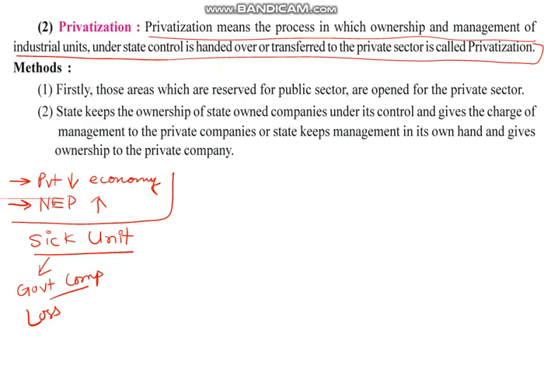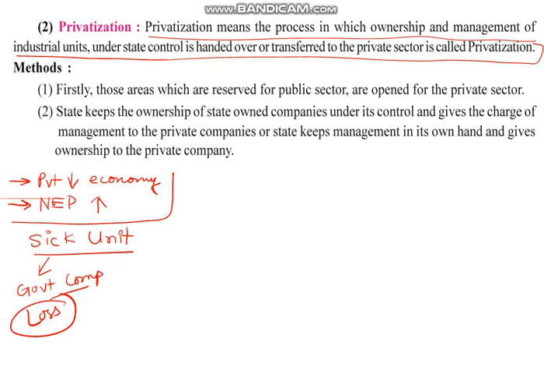But you might have seen many times that ST buses, even if there are very few passengers, are still going, and due to that ST is making a loss. But the private travels will not move.